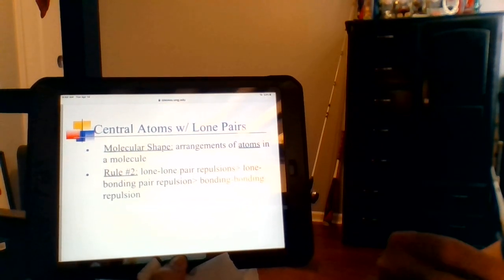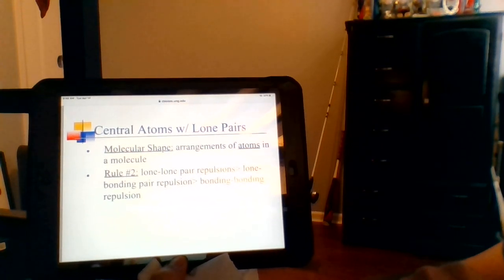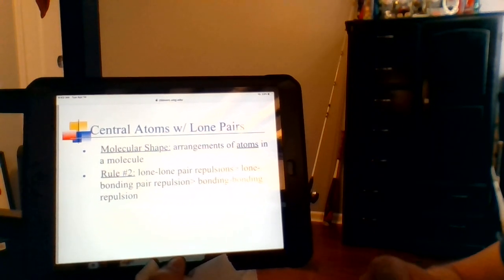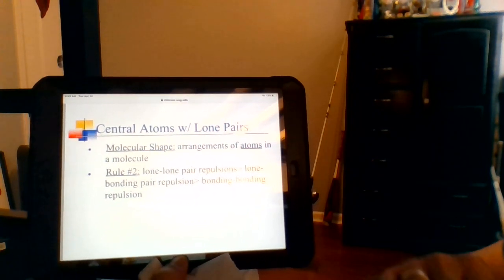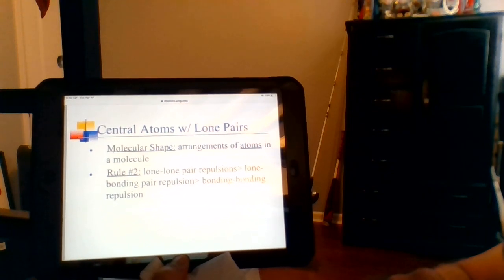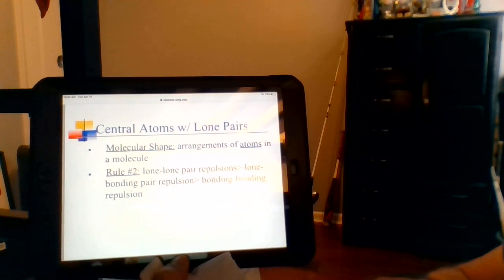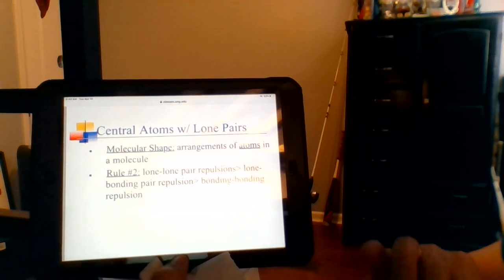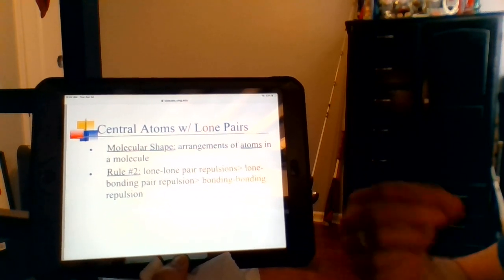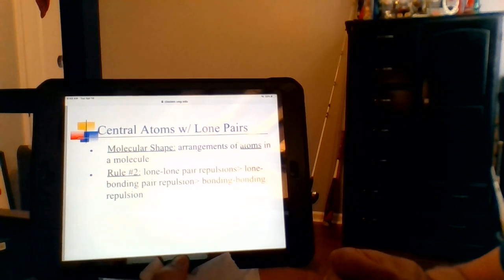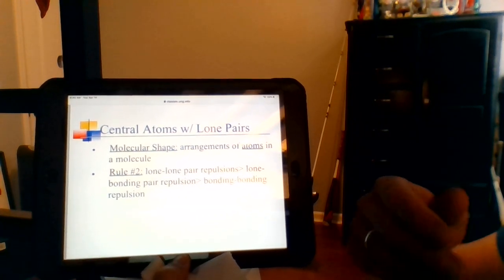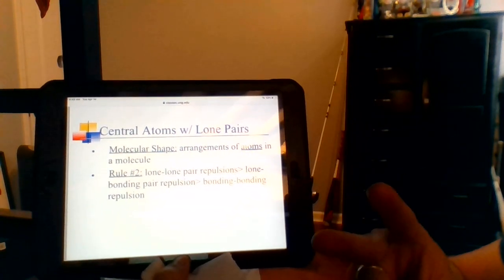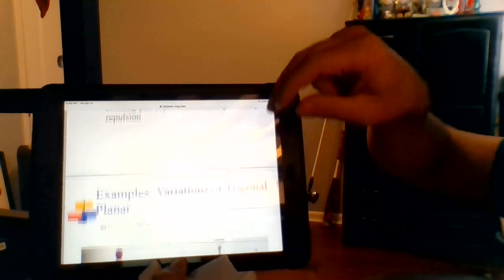So we're going to distinguish two things: the electron geometry and the molecular geometry. The electron geometry includes all the electron groups around the center atom. For the molecular shape, or molecular geometry, we take the lone pairs off and see what the shape looks like without them. So there is going to be a separation. There are two types of shapes that we need to learn. I'm going to show those in just a second.